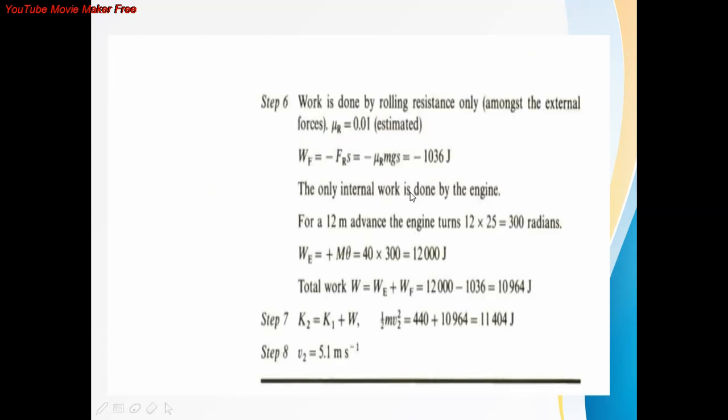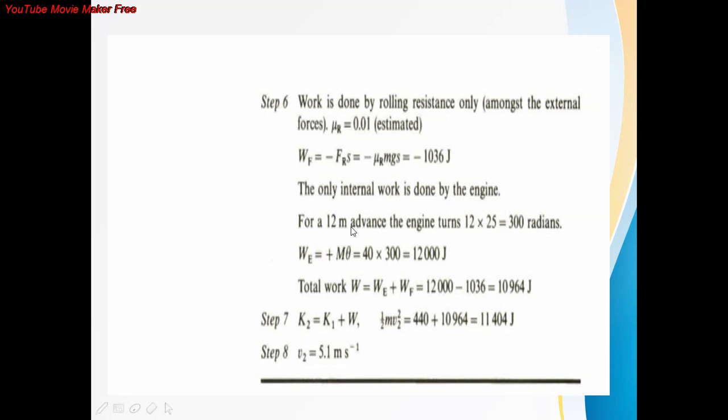In the numerical, the mu is not given. I'm just telling you the mu you have to take is 0.01. So take this value 0.01 for mu, and put the values of m and g. Finally you find that the frictional work done is 1036 joules, right?